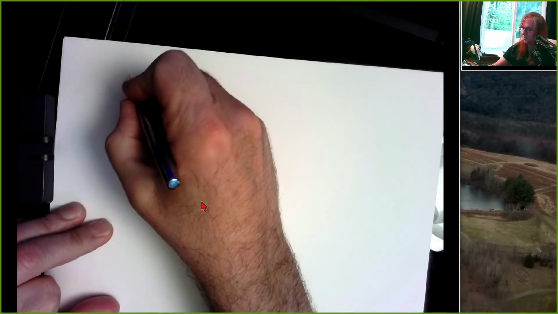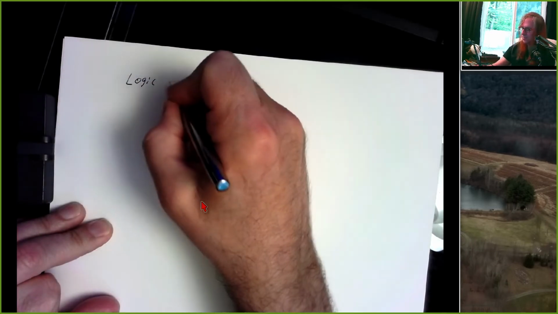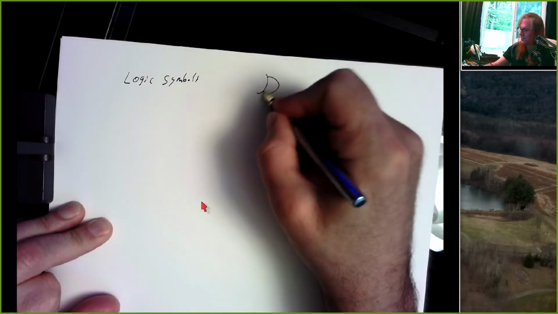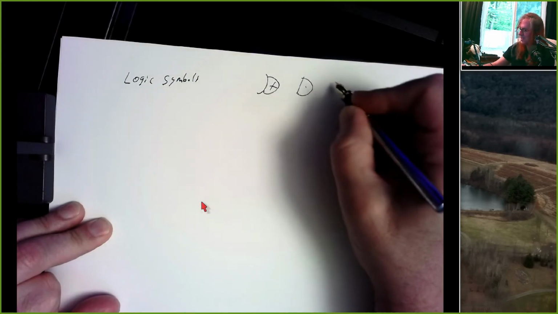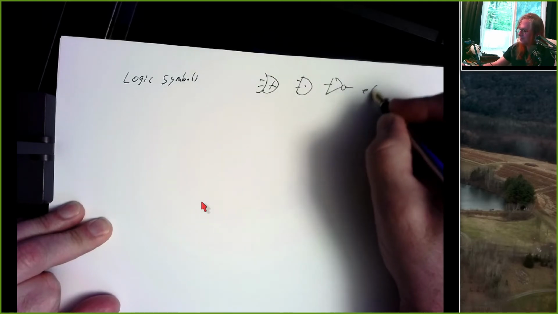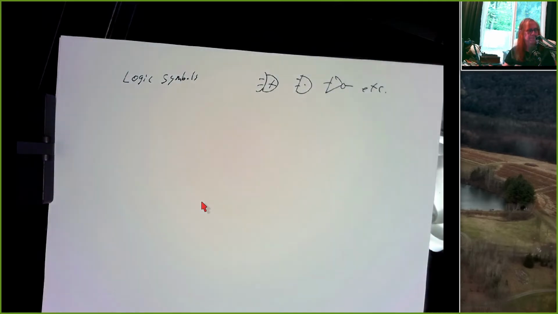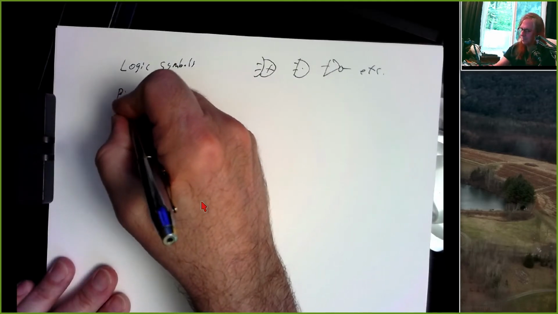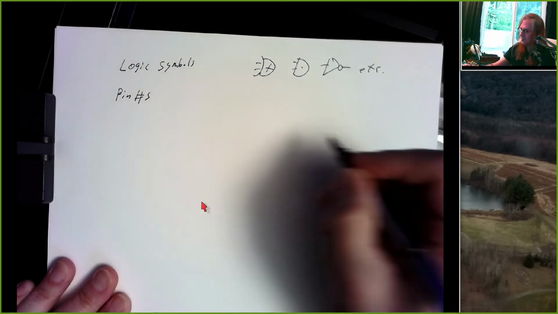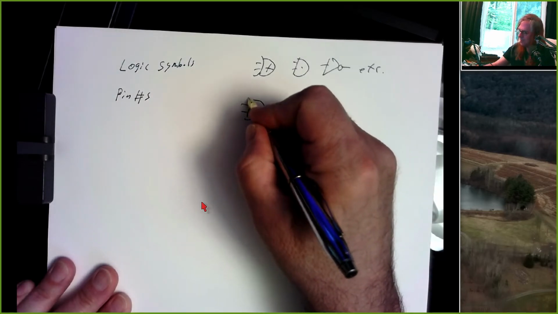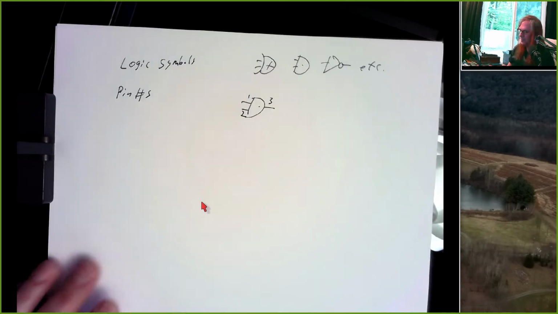So logic symbols. You know, OR gate, AND gate, inverter, etc. Pin numbers. Right?